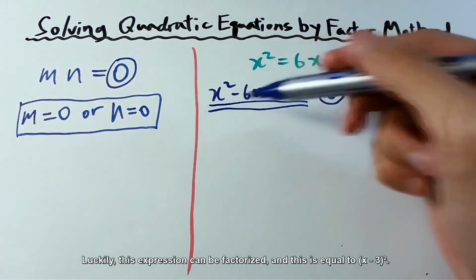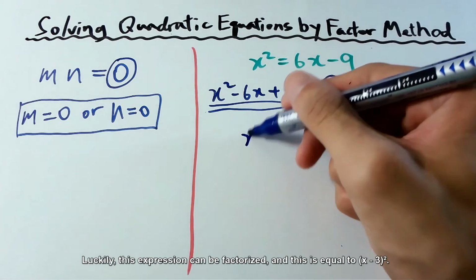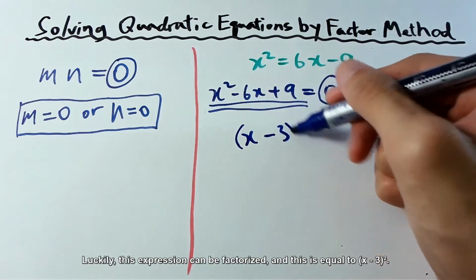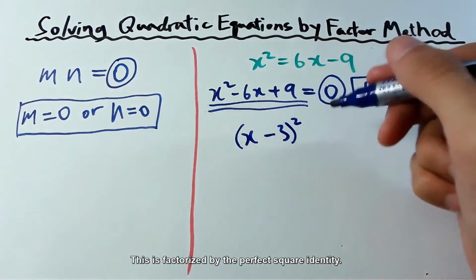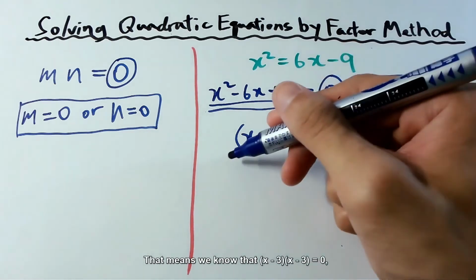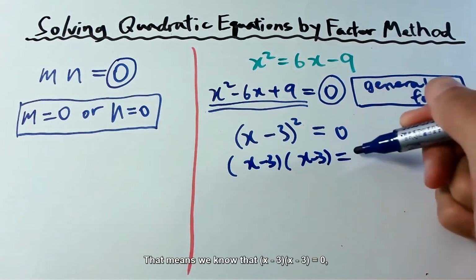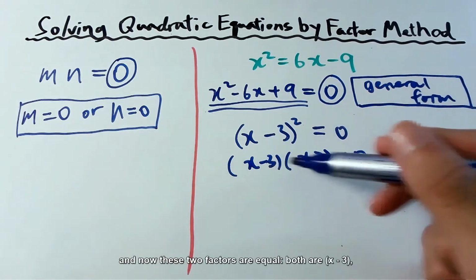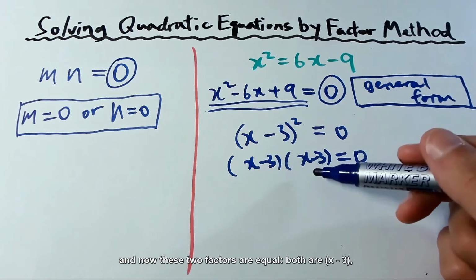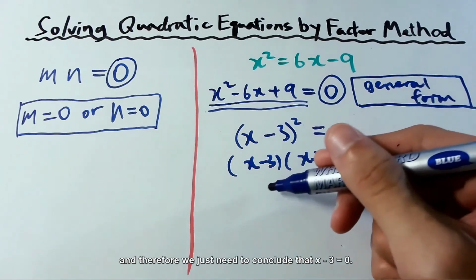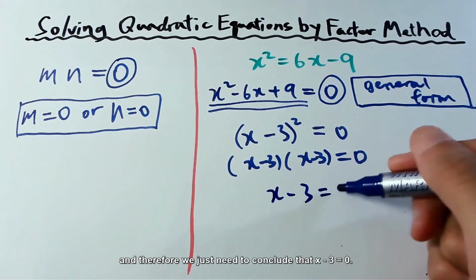Luckily, this expression can be factorized, and this is equal to x minus 3 squared. This is factorized by the perfect square identity. That means we know that x minus 3 times x minus 3 is equal to 0. And now these two factors are equal, both are x minus 3, and therefore we just need to conclude that x minus 3 is equal to 0.